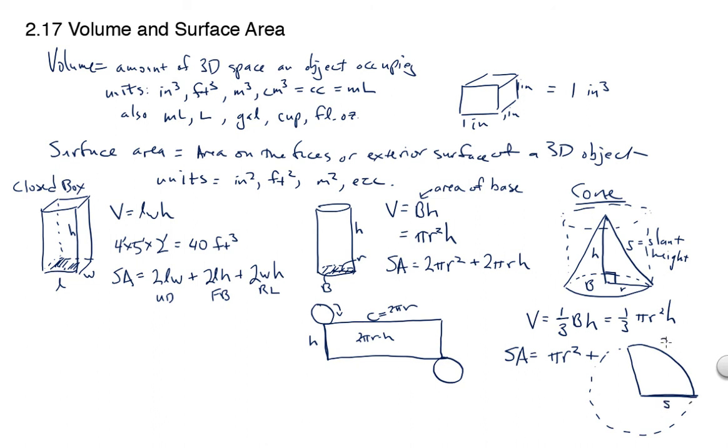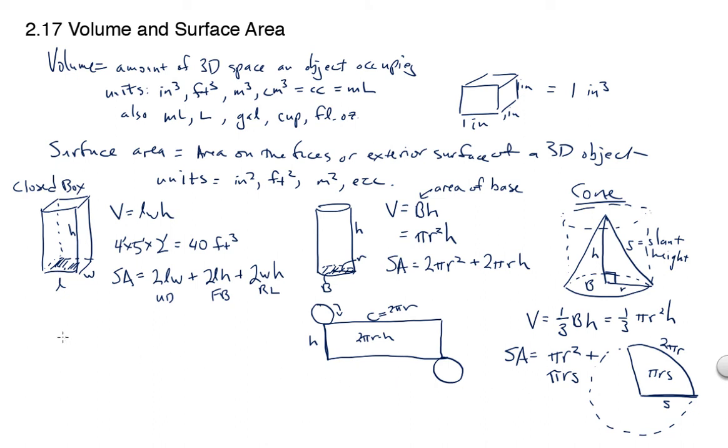And the length of this arc here is just the circumference of the cone, which happens to be 2 pi r. Turns out that part there is pi times r times s. That's what this is. You can think about that, but I'll talk about that later if need be.